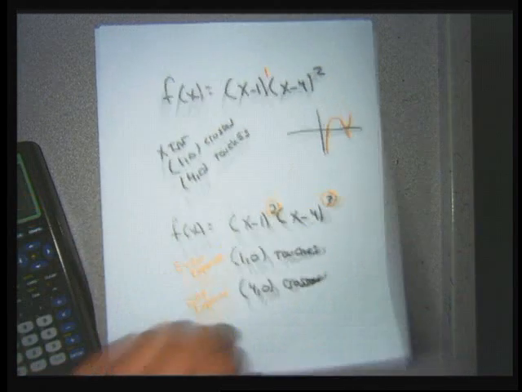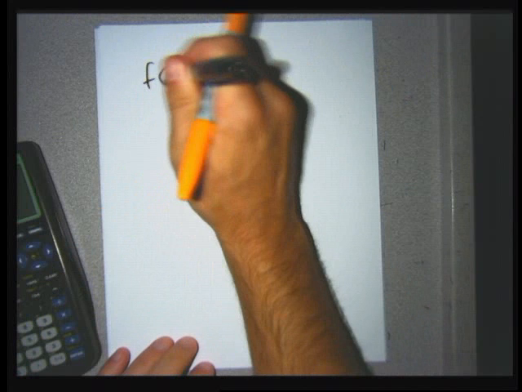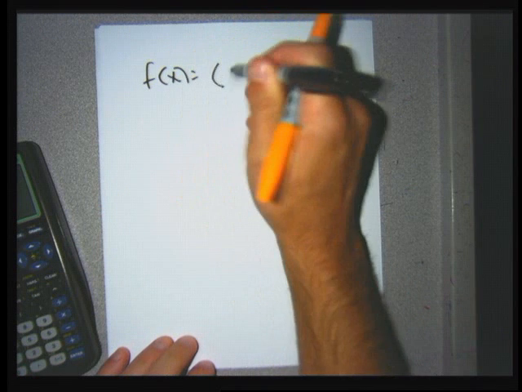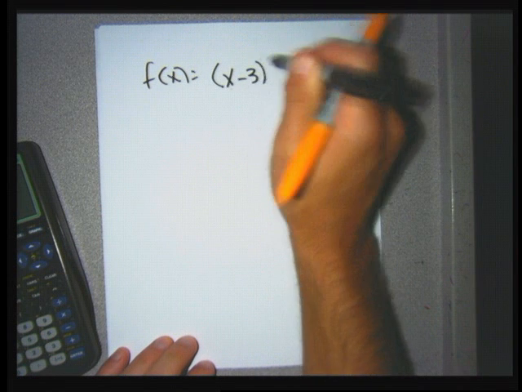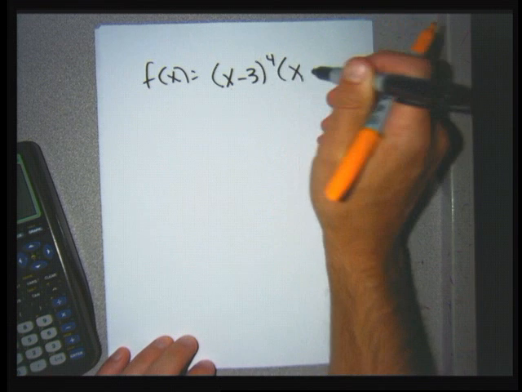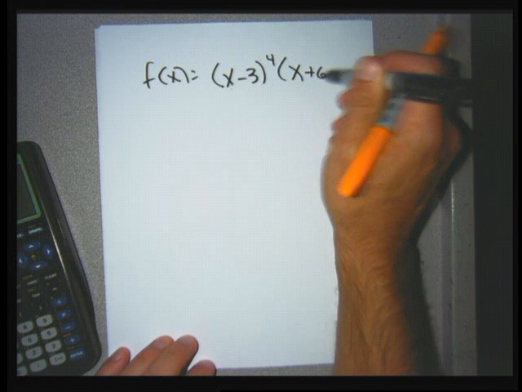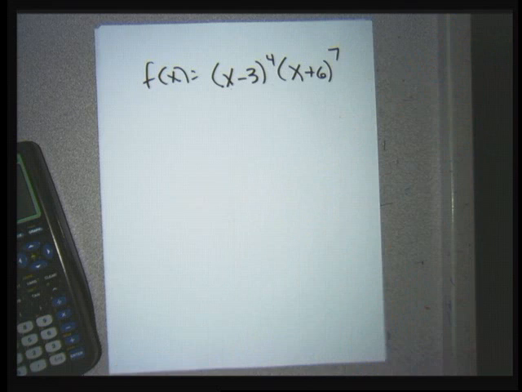So let me do just one more example, then I think we'll be ready to get into the actual problem. So f of x equals x minus 3 quantity to the fourth times x plus 6 to the 7th. So this graph is going to have two x-intercepts.